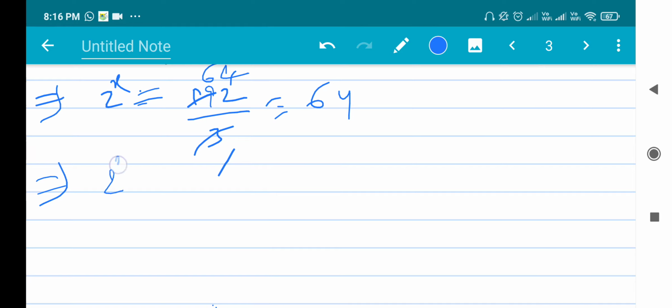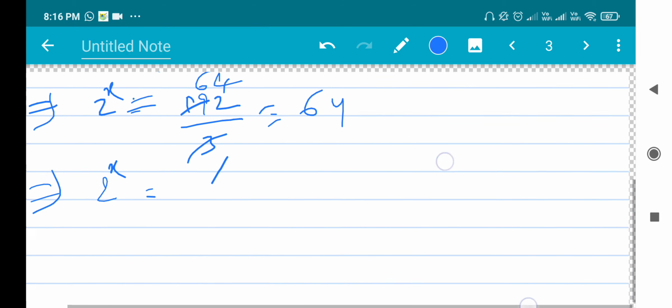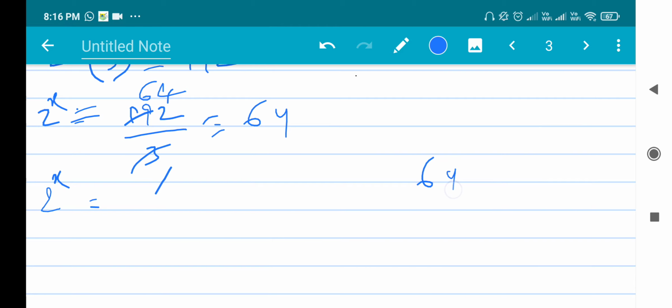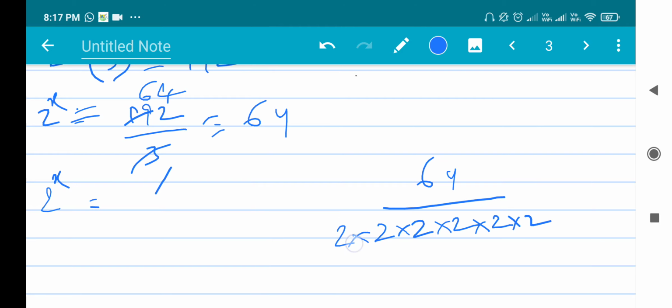So 2 to the power of x is equal to 64. 64 means 2 into 2 is 4, 4 twos are 8, 8 twos are 16, 16 twos are 32, 32 twos are 64. How many 2s? 1, 2, 3, 4, 5, 6. So 2 to the power of 6. We can write 2 to the power of 6 instead of 64.